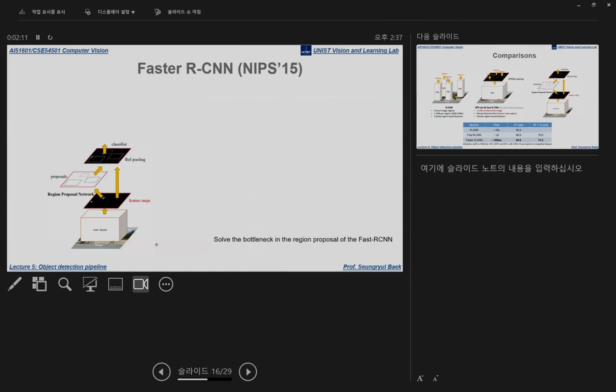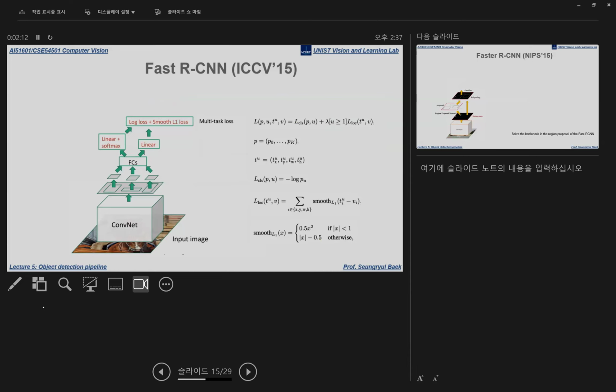The input is now the whole image, and the overall operations are differentiable, so we can map it to the final output and then apply the loss function.